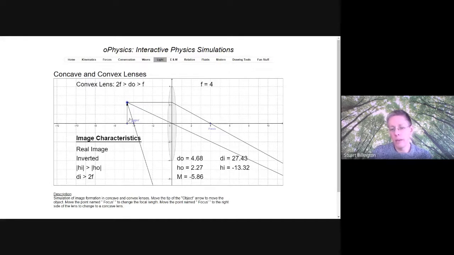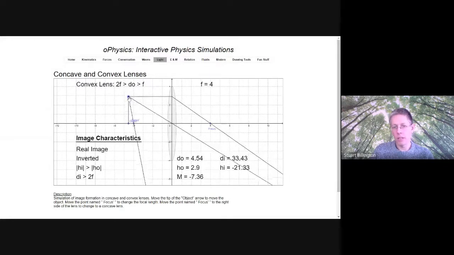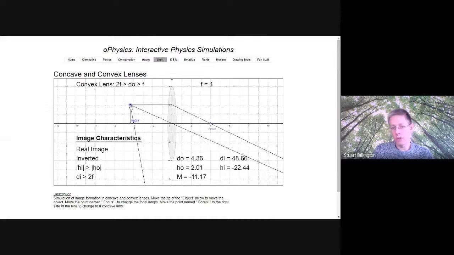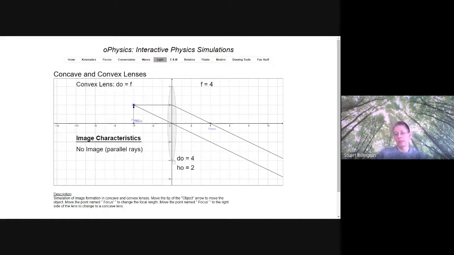Okay, diagram 4. Notice what happens when I bring this object so close that it actually sits on the focus. So there we go, sitting on the focus. And now let's have a look at the geometry again. This height here is the same as this height here.